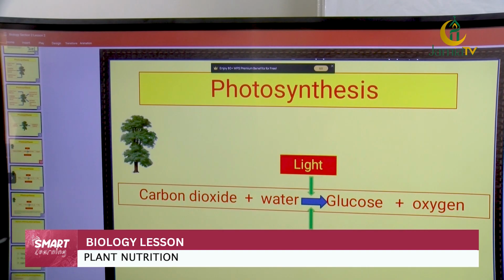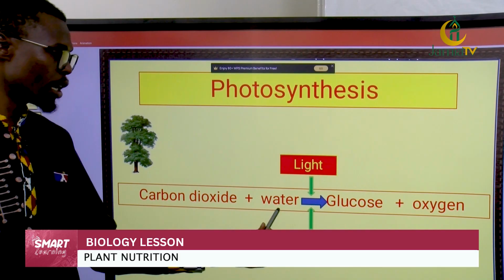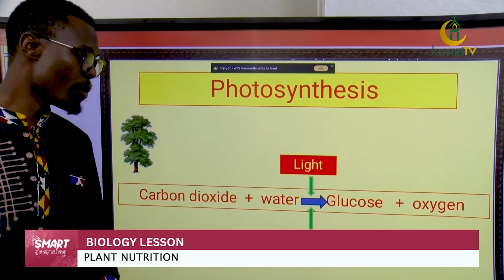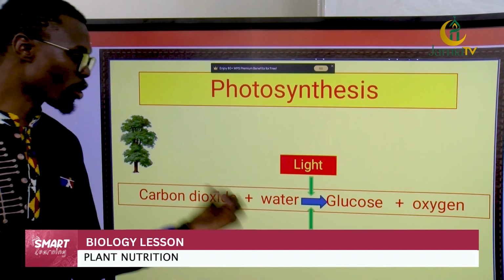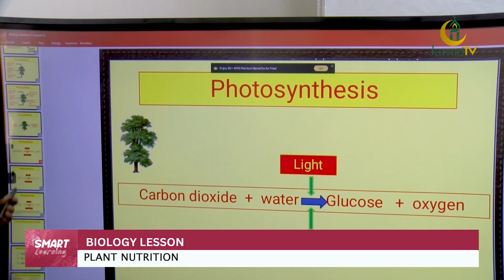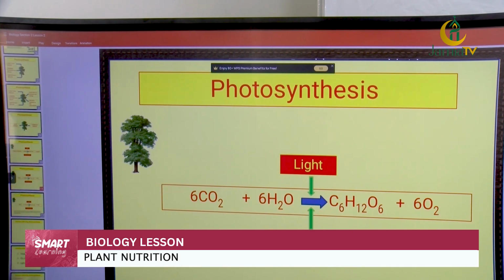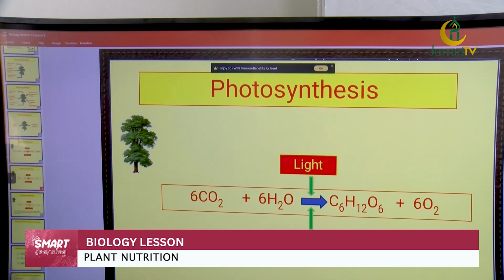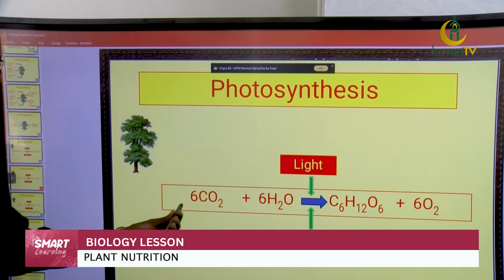So I've shown you the condition, and this is the word equation for photosynthesis. Carbon dioxide plus water, in the presence of light that is being trapped by chlorophyll, gives you glucose plus oxygen. Then the chemical equation, any chemical equation, you have to balance. And how do we balance that chemical equation?